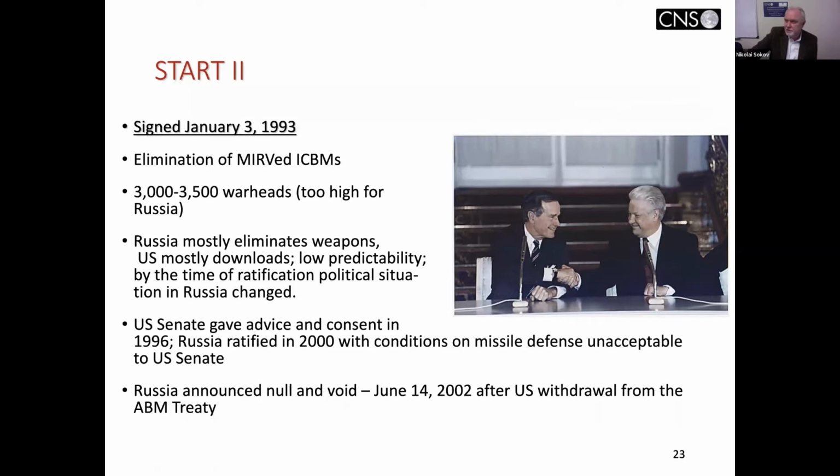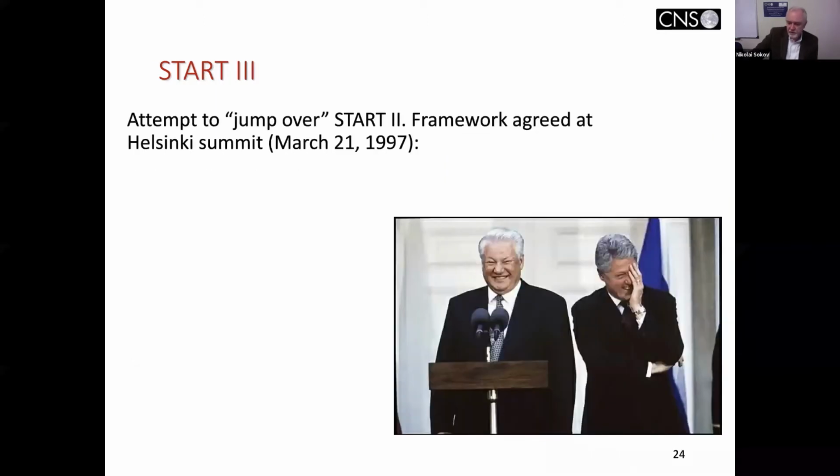But the most important thing to take out is that the START 2 treaty was not the best kind of treaty. It contained too many holes. It was unequal. It would have been very expensive for Russia to implement. So in the end, the START 2 treaty never entered into force.